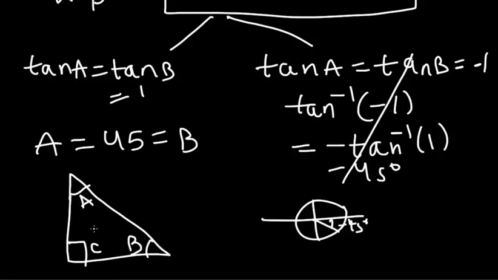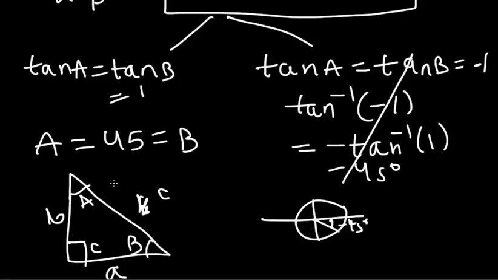Well, that's true, because tangent of A is equal to the side opposite to angle A, which is A, divided by the adjacent side. Adjacent side is this one, B, and this is the hypotenuse, C. So tangent of A is equal to opposite upon adjacent, which is A upon B. So this proves the first part.